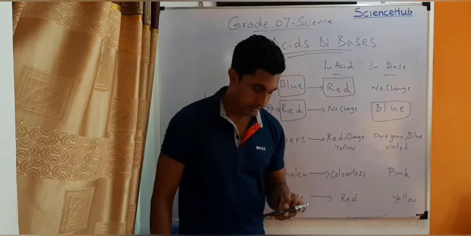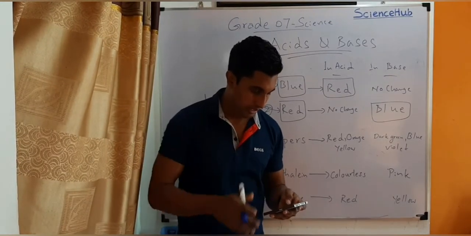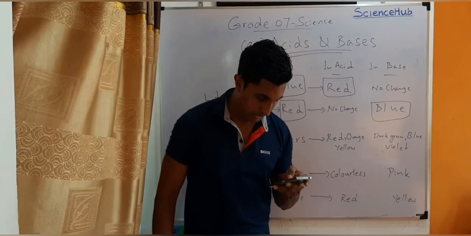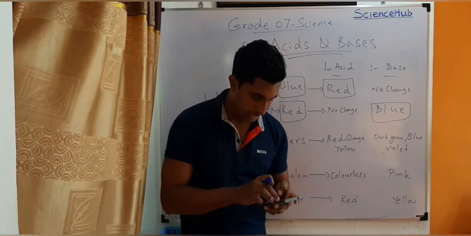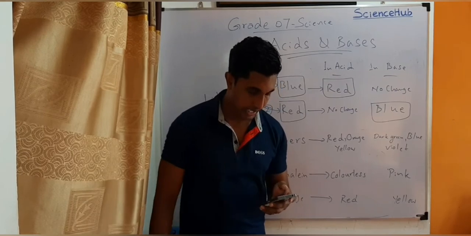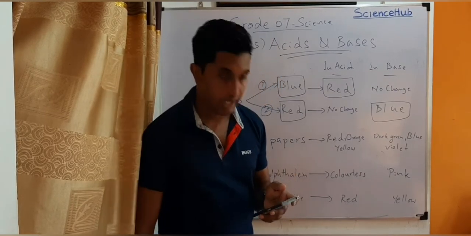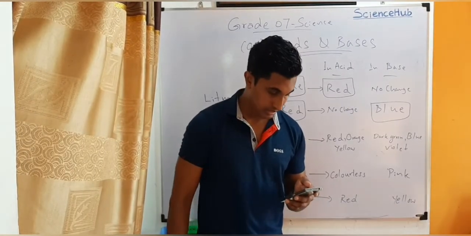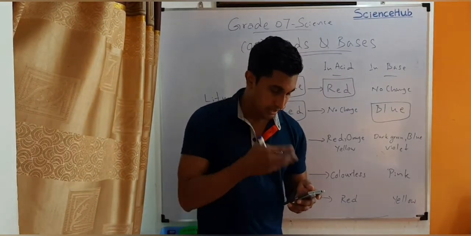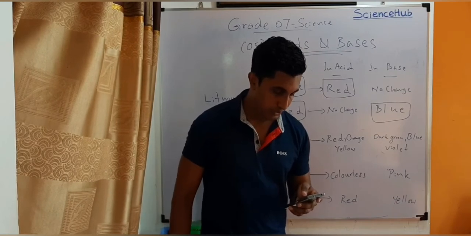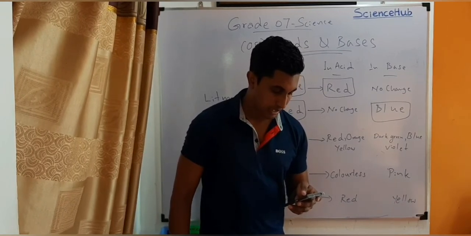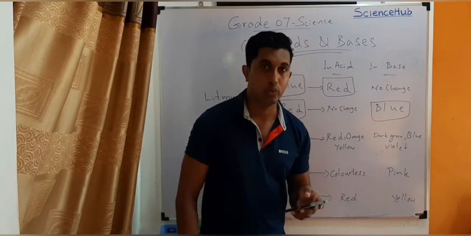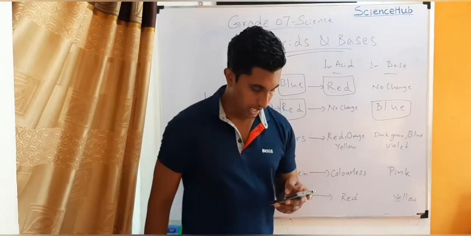Now you have some pictures of the phenolphthalein powder and methyl orange powder on page number 69, and then there are activities 5.4 and 5.5. For activity 5.4 you have to use pH papers, and you can do these 2 activities at your school lab.